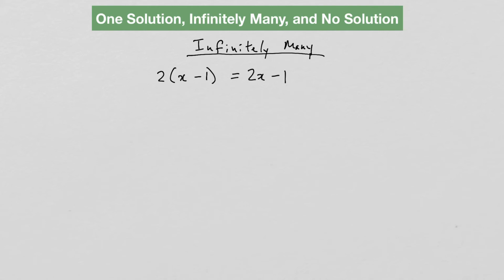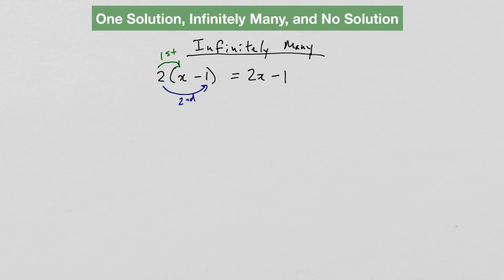And this would be infinitely many. An example of this would be this equation. The first thing we need to do on the left side is to distribute. So this will be first, and the second would be this.